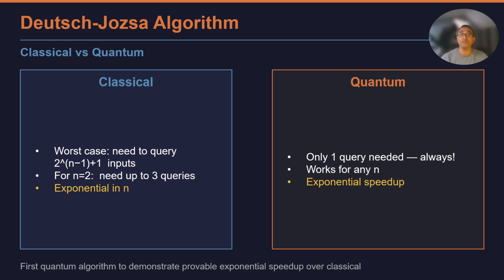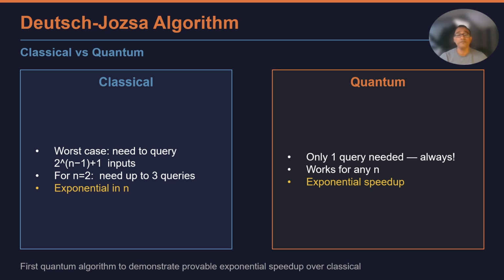The same goes for the case where for the different inputs the output is the same, 1 1, then it's constant, otherwise it's balanced. And when you logically calculate the number of steps that you have taken, you will see that you have taken 3 queries or 3 steps to arrive at that.